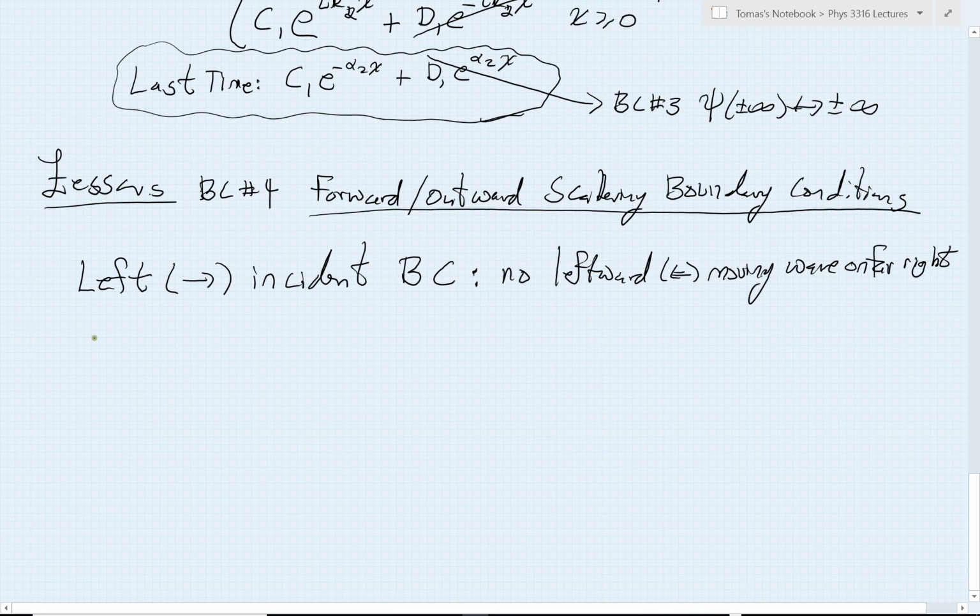There's also, of course, a right incident boundary condition, where I'm sending my particles in from the right. And what it says then is that there is no rightward moving wave on the far left, which would mean moving this way.